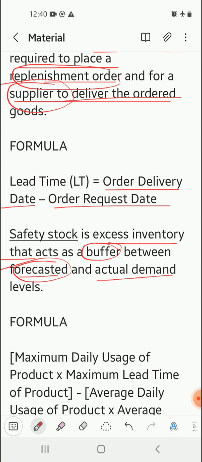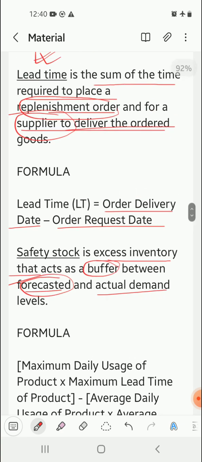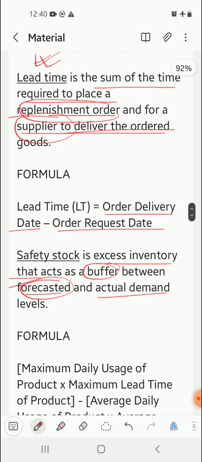We always keep certain safety stock. It's just like whenever we are driving a car, we make sure that there is an indicator that tells us that this is the point we have reached. After that, it is high time that we should be replenishing the petrol or diesel, whatever we are using.